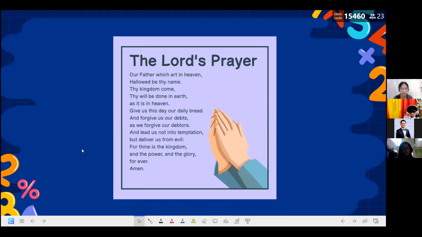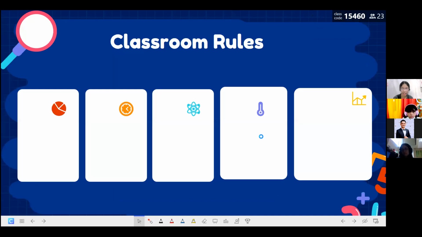Give us this day our daily bread, and forgive us our sins as we forgive those who sin against us. And lead us not into temptation, but deliver us from evil. Amen. In the name of the Father, and of the Son, and of the Holy Spirit. Amen.